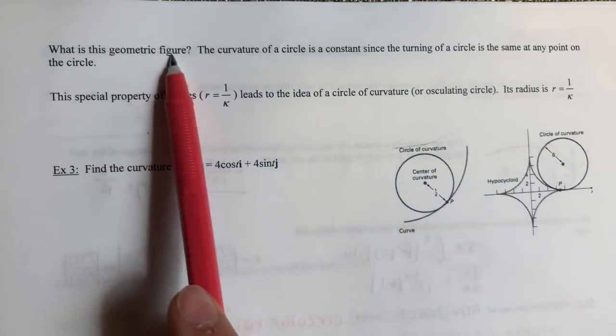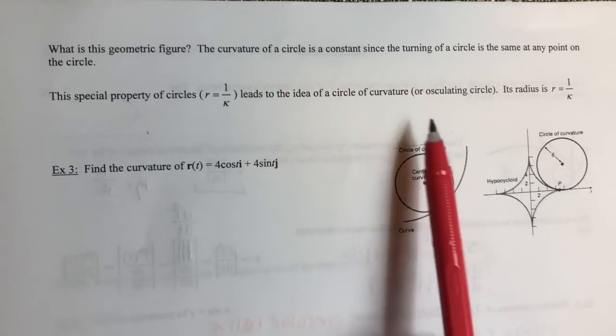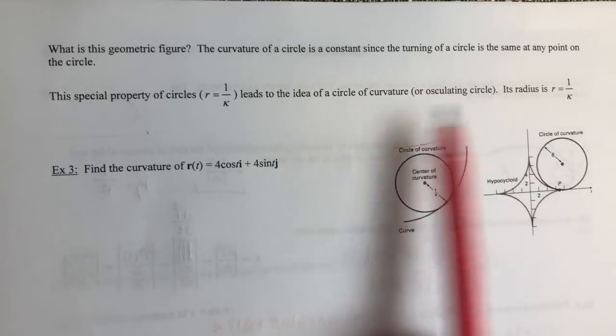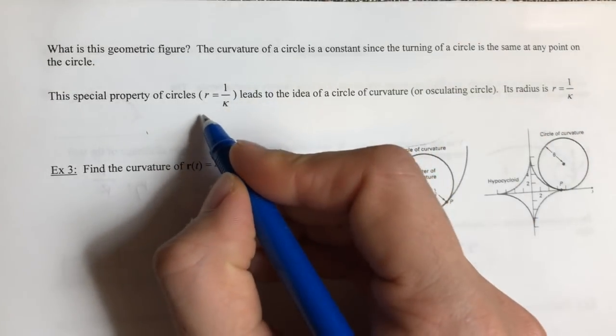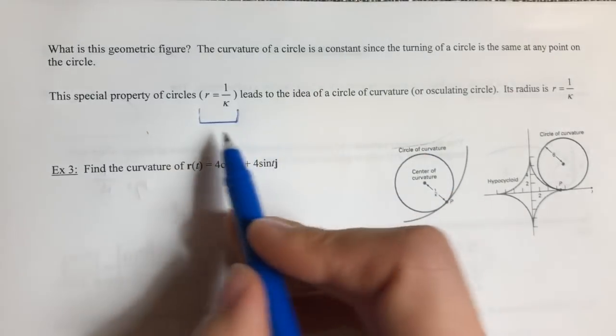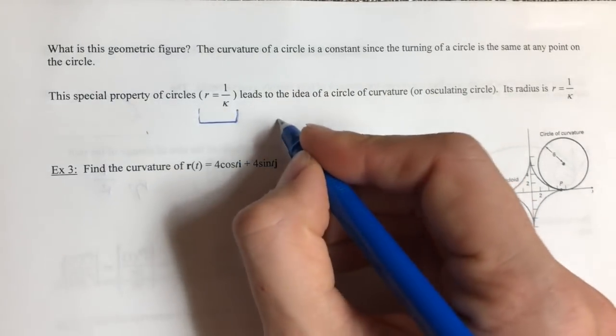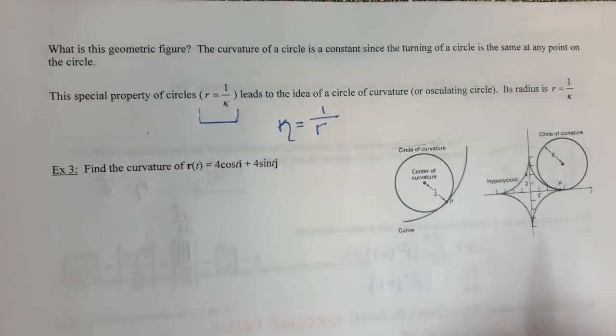Okay. All right, what is this geometric figure? This is exactly what I was just saying. Both of those examples should be a circle. And so since the turning of a circle should be the same at every point on the curve, this is a special property, which leads us to the fact that the radius of the circle is 1 divided by the curvature. That was the exact ratio I was talking about earlier, that the curvature is 1 divided by the radius of the circle.